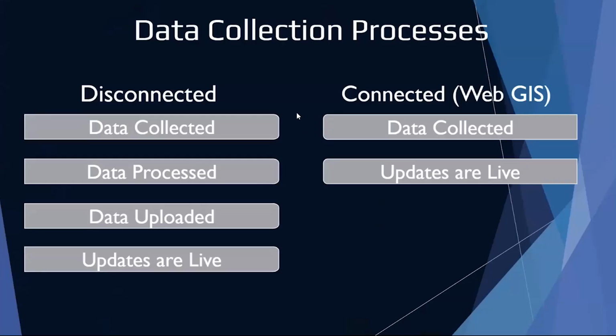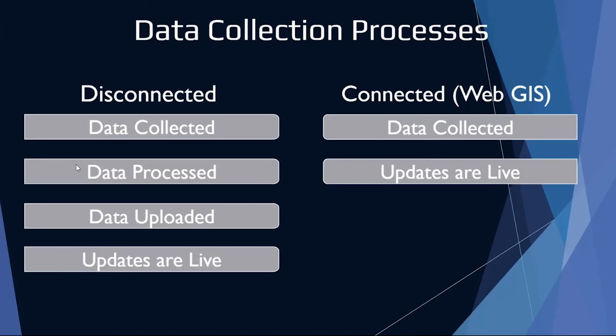The data collection processes. So what we're showcasing is more like the connected approach, where you collect the data and then everything is live on AGO, ready to go and be shared. So when you collect these features out in the field, you can have somebody on the web map in the office, seeing the features live, updating for them. The old way, and what I used to have to do, is the disconnected process, where you would collect the data, and then this is stored internally on the GNSS receiver.